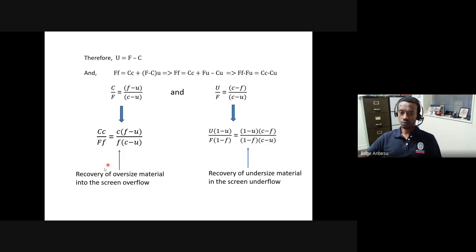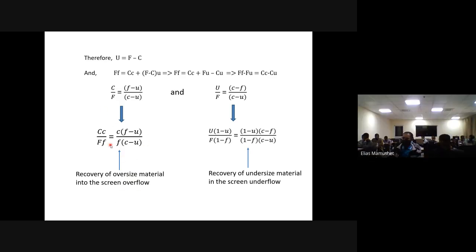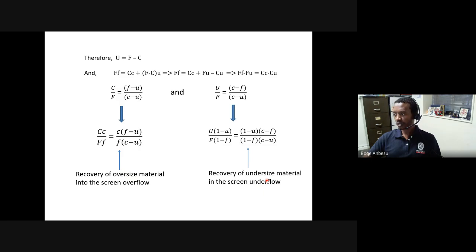For example, if you wanted to work out recovery of oversized material into the oversized portion or screen overflow, you can get this equation here. If you are interested in recovery of the undersized material going into the underflow, you can use this expression here. Okay, either way, you can use component and overall mass balance to work out screening efficiency as well.